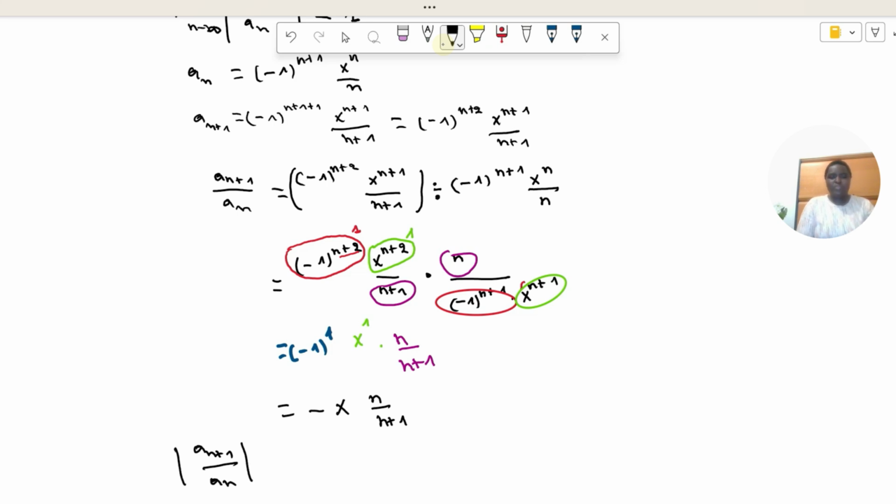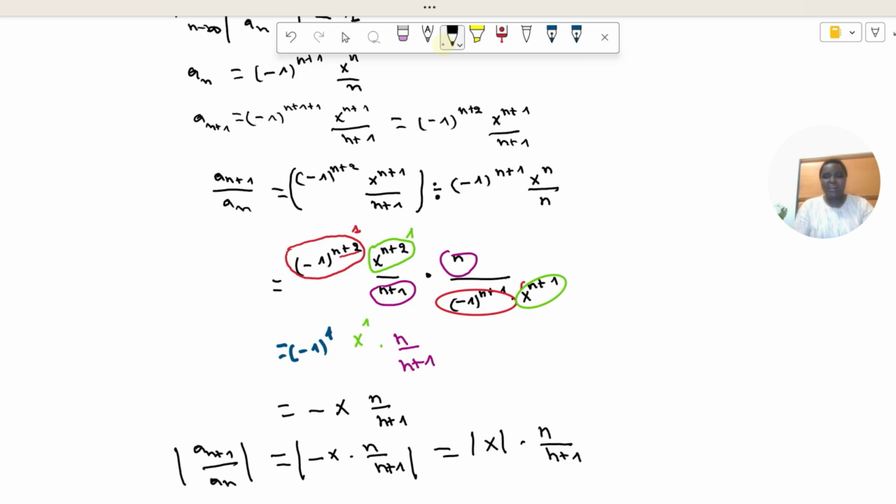This absolute value will be equal to the absolute value of minus x times n over n plus 1. So this is equal to the absolute value of x times n over n plus 1.